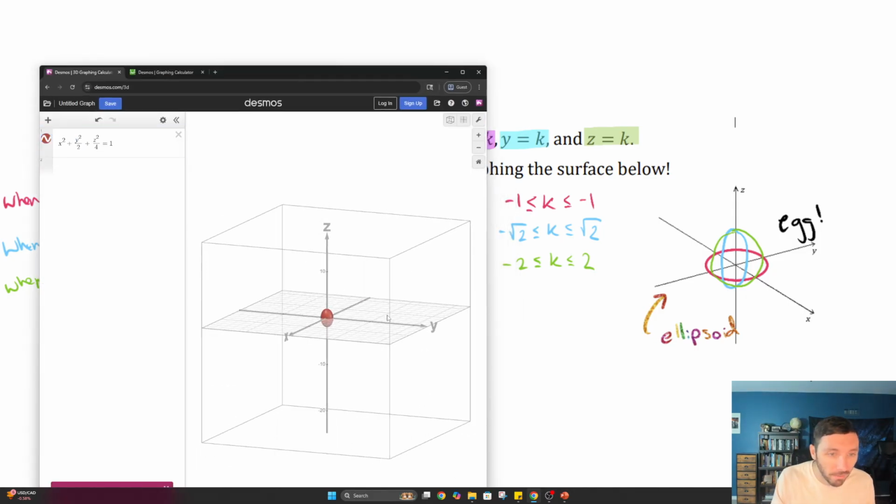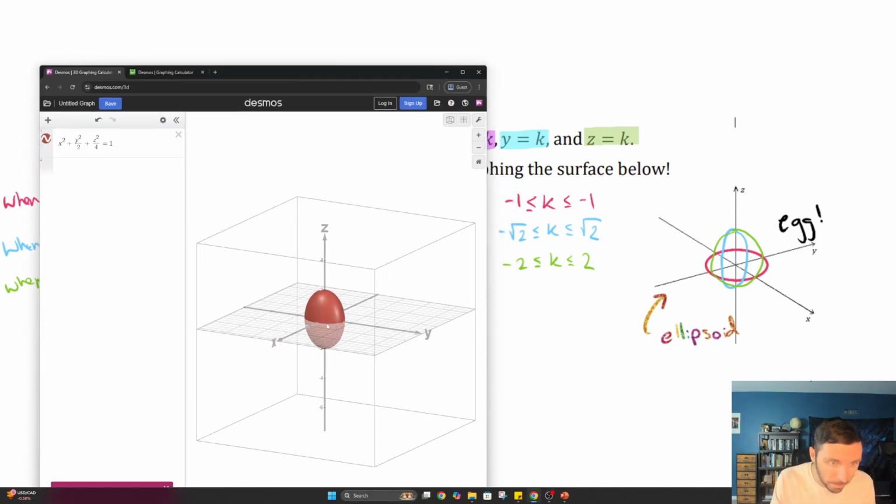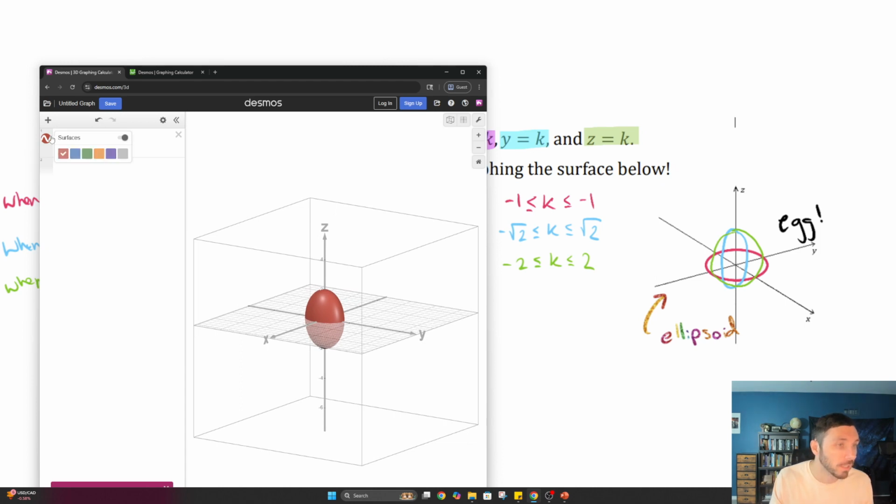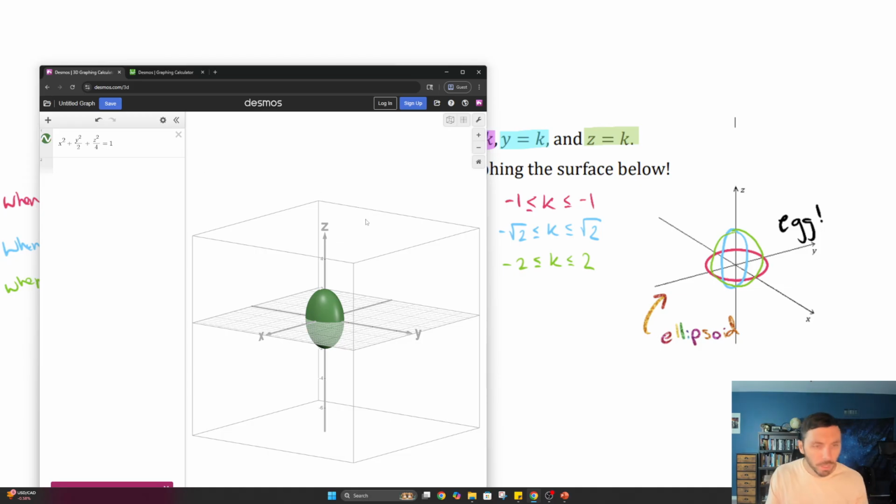All right, we got this M&M looking shape here, right? If we wanted to make it look egg-like, I'd make it silver, I don't know. But anyway, here's my shape. What I want to do is scan it from left to right, forward, backward, and front to center to see all these elliptic traces.